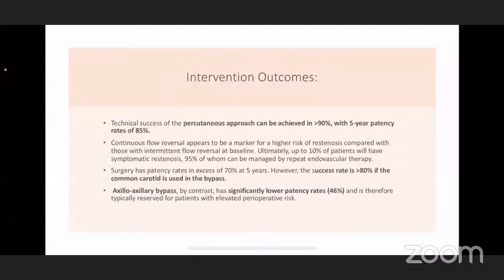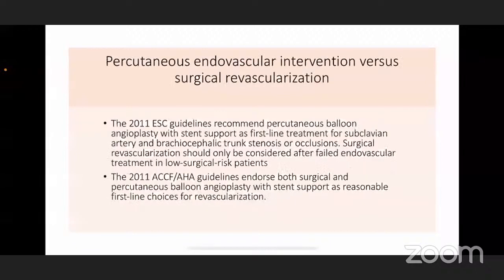Now, we said that we can do revascularization, percutaneous or surgical. How do we choose between them? Percutaneous endovascular intervention versus surgical revascularization, we can make our decision based on the guidelines. According to the 2011 ESC guidelines, they recommend percutaneous balloon angioplasty with stent support as the first-line treatment for subclavian artery and brachiocephalic trunk stenosis or occlusion.